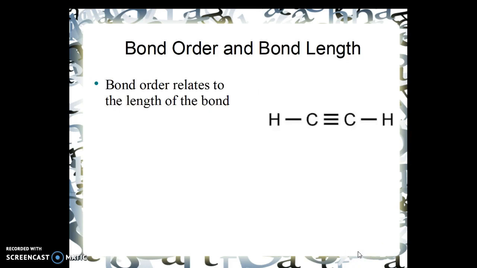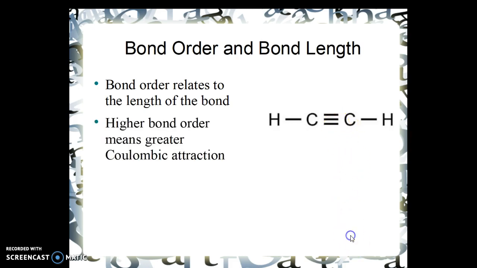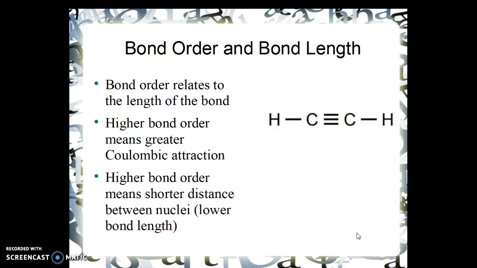Now, the bond order relates to the bond length. We can imagine why. It has to do with the electron density. Higher bond order means a greater electron density and a greater Coulombic attraction between positive and negative. Higher bond order then also would mean a shorter distance between the nuclei.